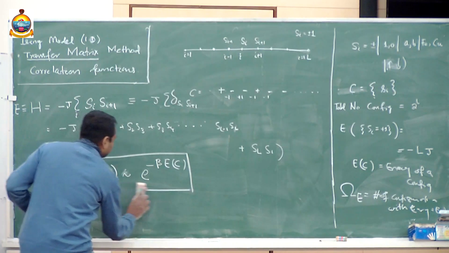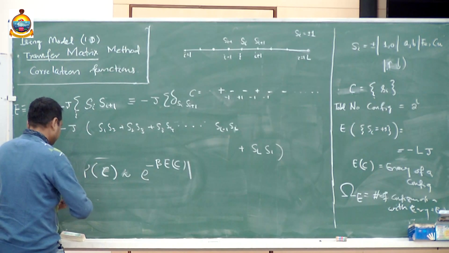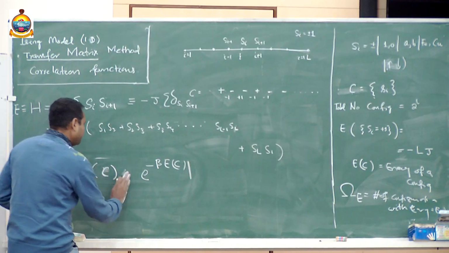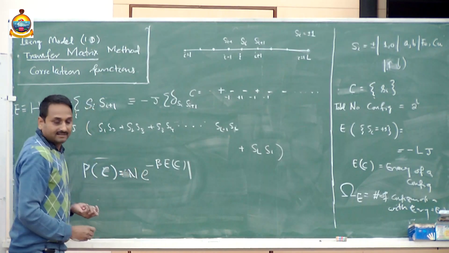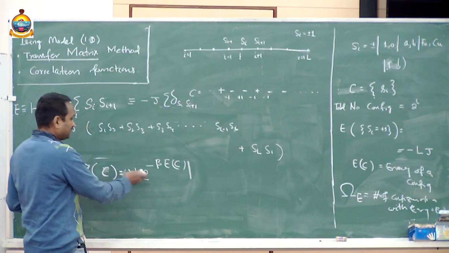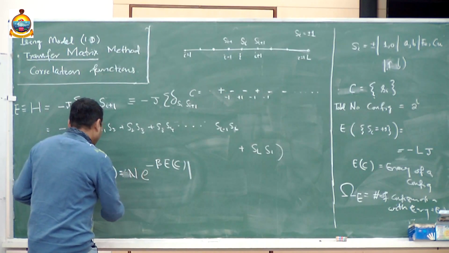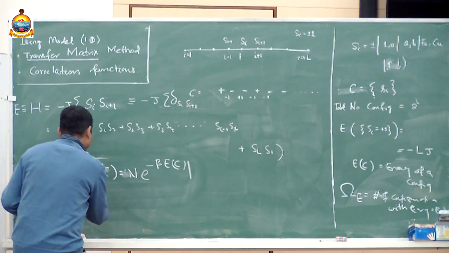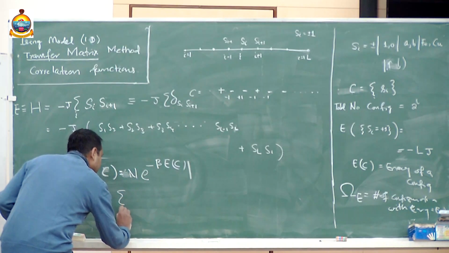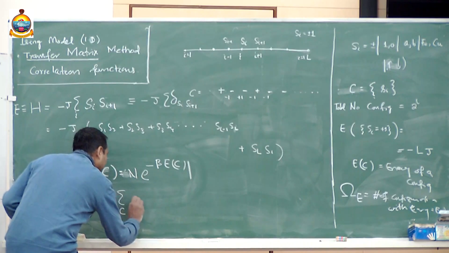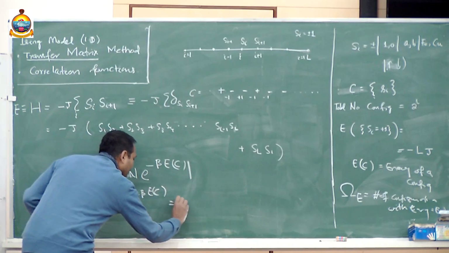So let us write that. Probability of C equals N, a proportionality constant, times e to the power minus beta E of C. If I want normalization, the summation over C of N e to the power minus beta E of C has to be 1.